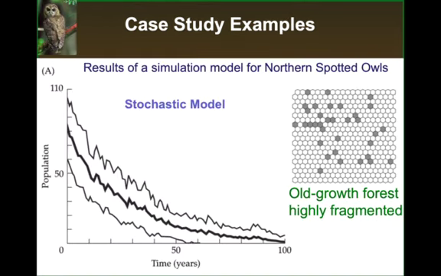The first one that I'm going to show you is the result of a simulation model for the northern spotted owls under a configuration of old growth forest that was highly fragmented. You can see that over to the right. This was a stochastic model, so it had randomness built in.